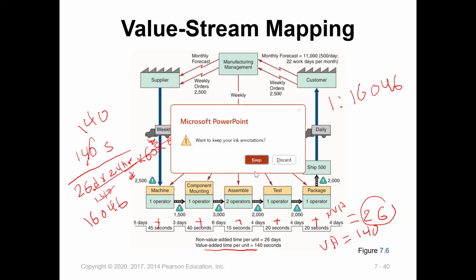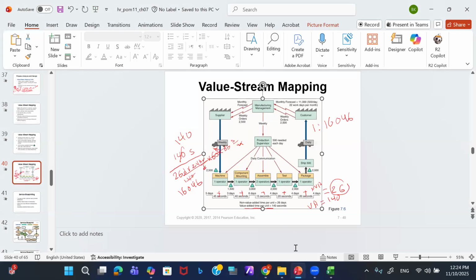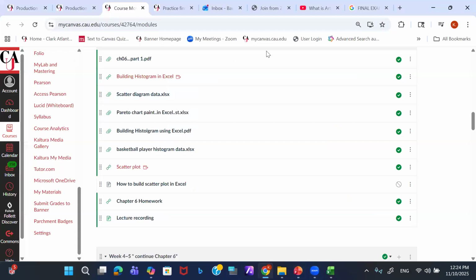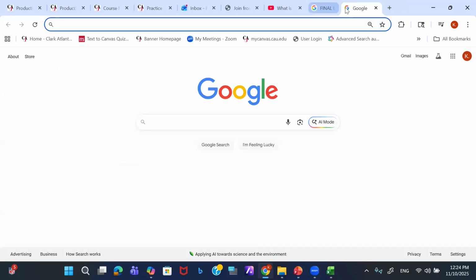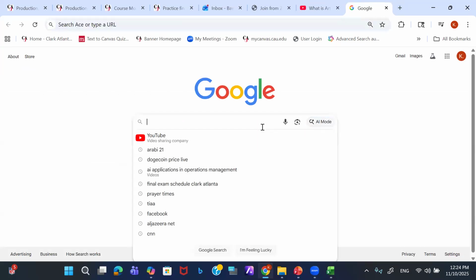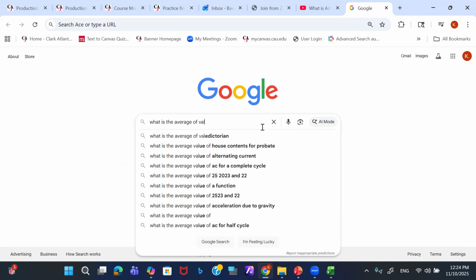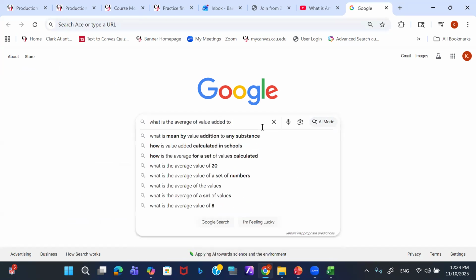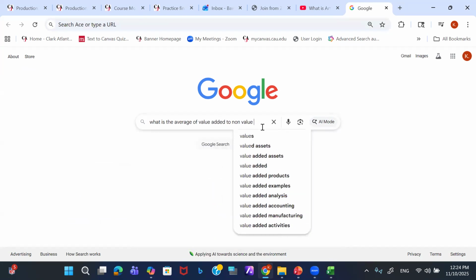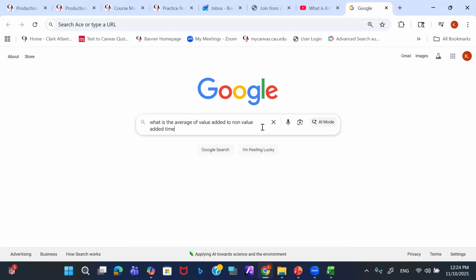Let's see, I remember the average value added to non-value added for the US was, I think, 1 to 70. Let's see how much it is now. What is the average of value added to non-value added time for USA industry?